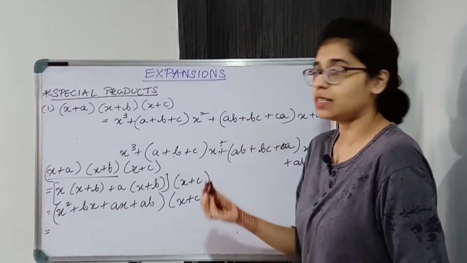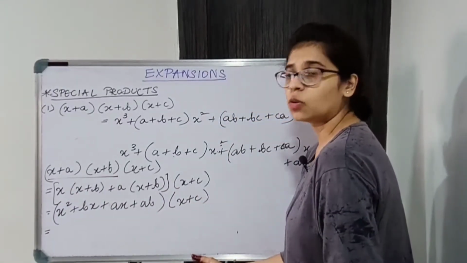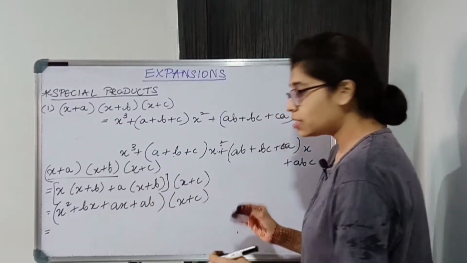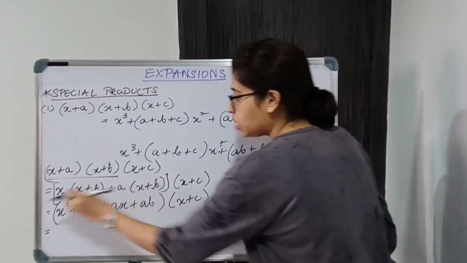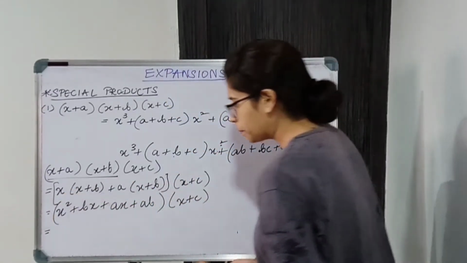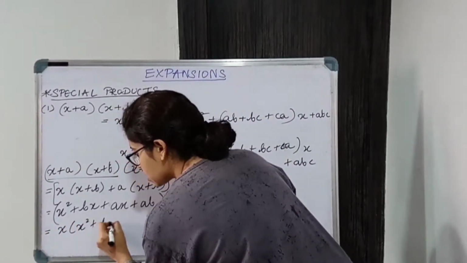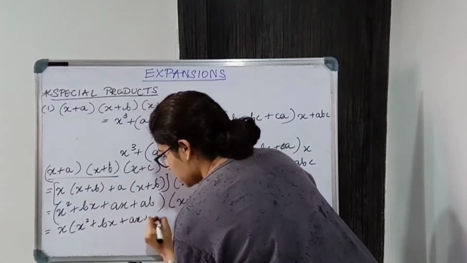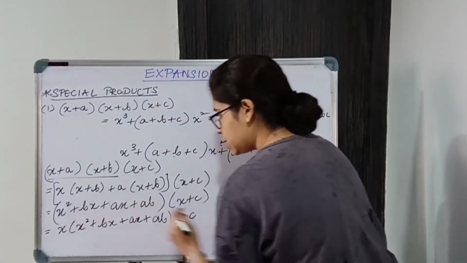That would be easier. Instead of taking every term and multiplying with this bracket, you will get lots of brackets. So instead, open this bracket, multiply X with this bracket and C with this bracket. So X into X square plus BX plus AX plus AB, plus C into the same bracket.